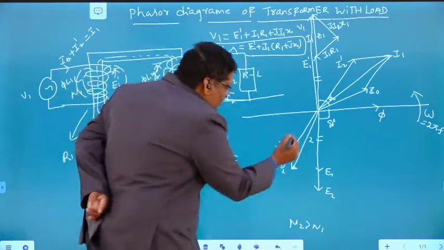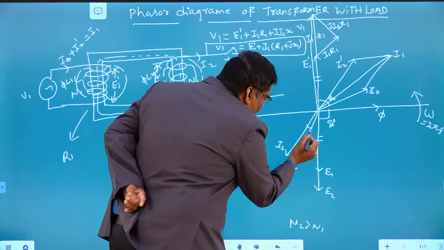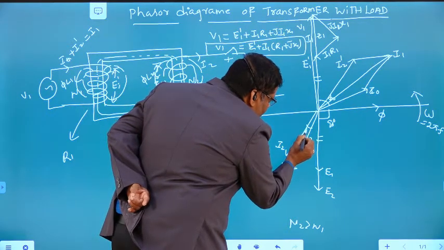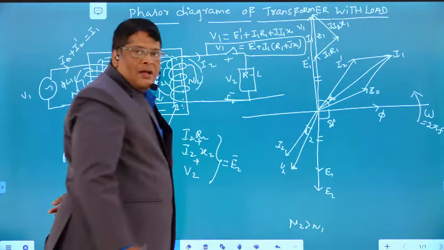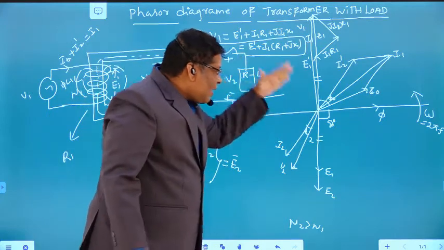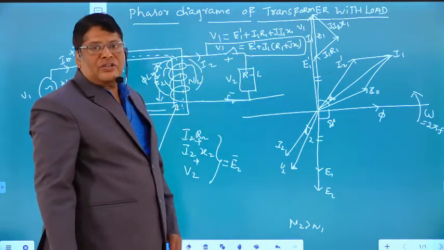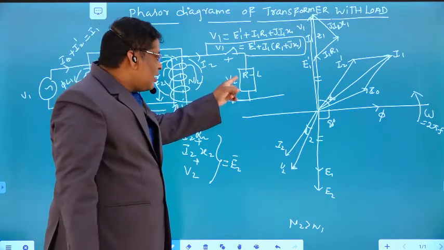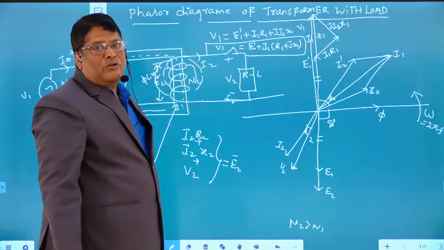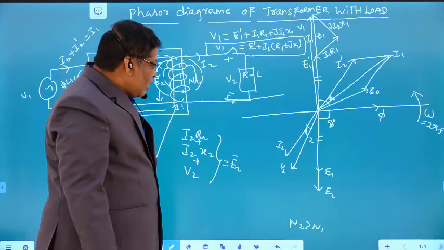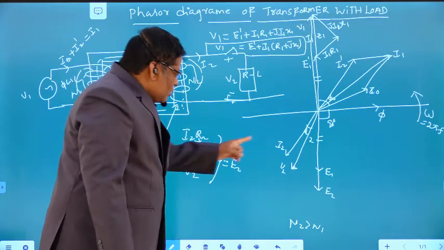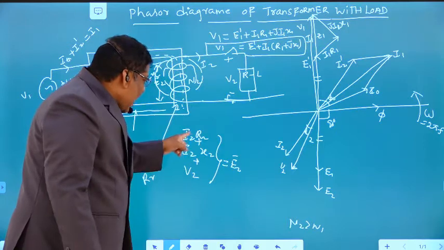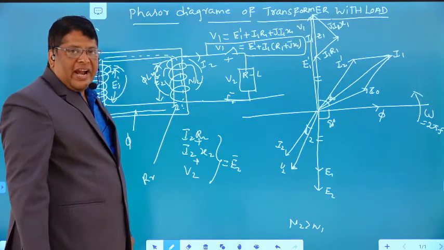Because all the phasors are rotating in an anti-clockwise direction, and here we are assuming that an inductive load is applied, for the V2 we are adding I2 R2.